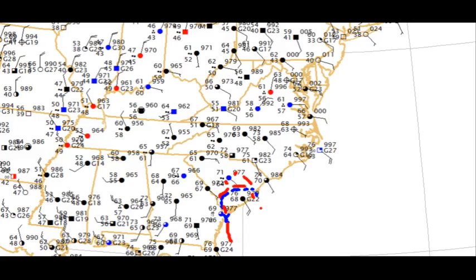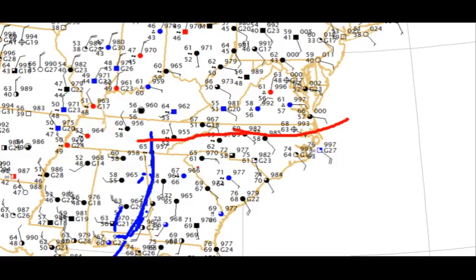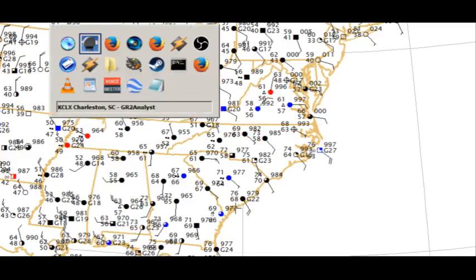And I think the front is probably right here around Alabama, probably with that second squall line. And then the warm front, probably looking at something like that right there. So easterly winds north of that, temperatures in the upper 50s to low 60s, and south of that, the more unstable air.